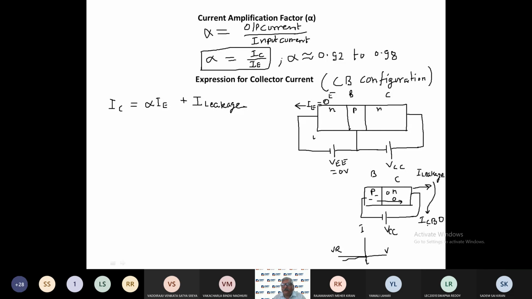How is it denoted by ICBO? C means collector, B means base, O means open emitter.